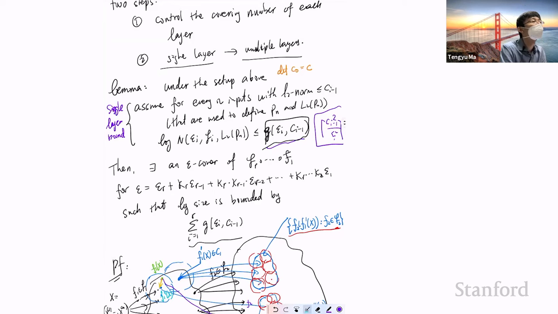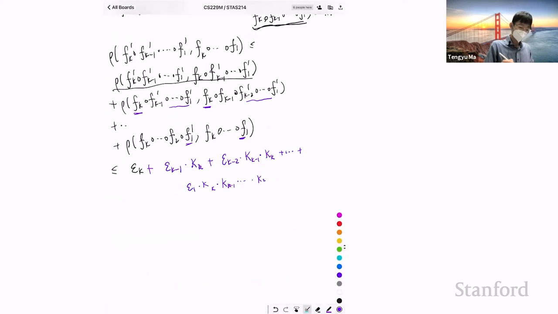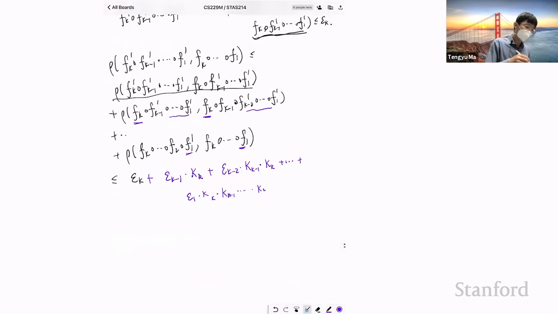Why isn't it just epsilon 1 times kappa 2, kappa 3, kappa 4, up to kappa k? Right. So I guess the question is why don't you only require this?